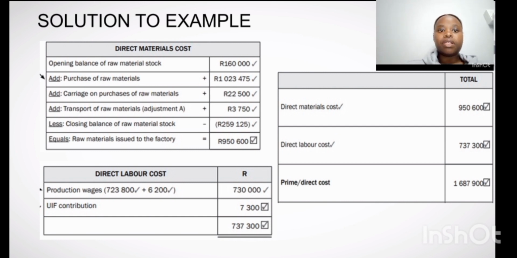They gave us a gross wage of 6,200, meaning that 6,200 wage was left out. So we have to include it in our direct labor cost. We take the 723,800 that we already put of production wage and add the 6,200, which is going to give us a total of 730,000.